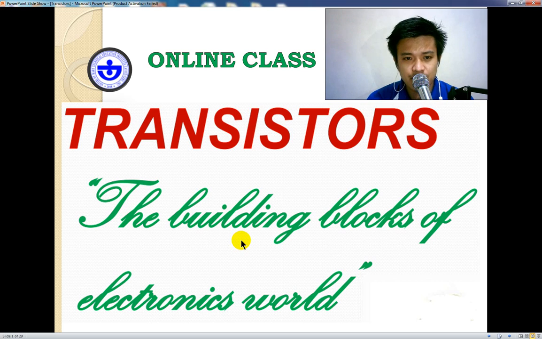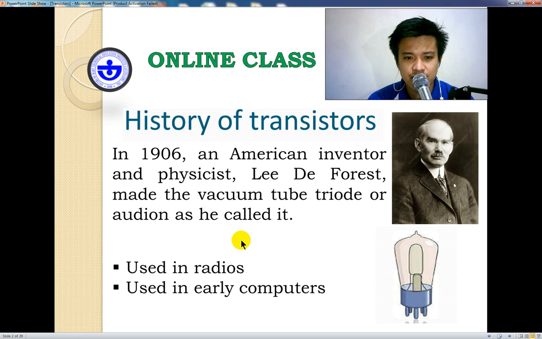Okay, to start with, we will first have a small glance at the history of transistors. In 1906, an American inventor and physicist, Lee de Forest, made a vacuum tube. He called it a triode or audion. That is what he called his invention.